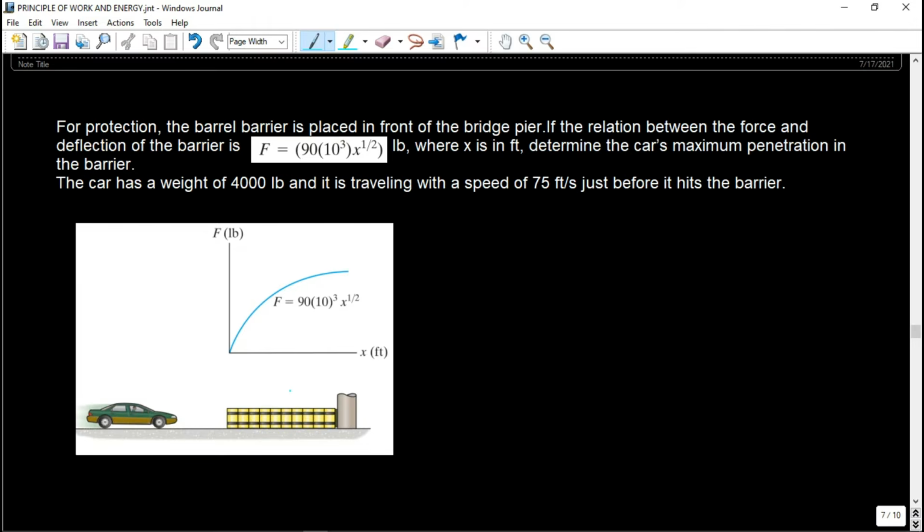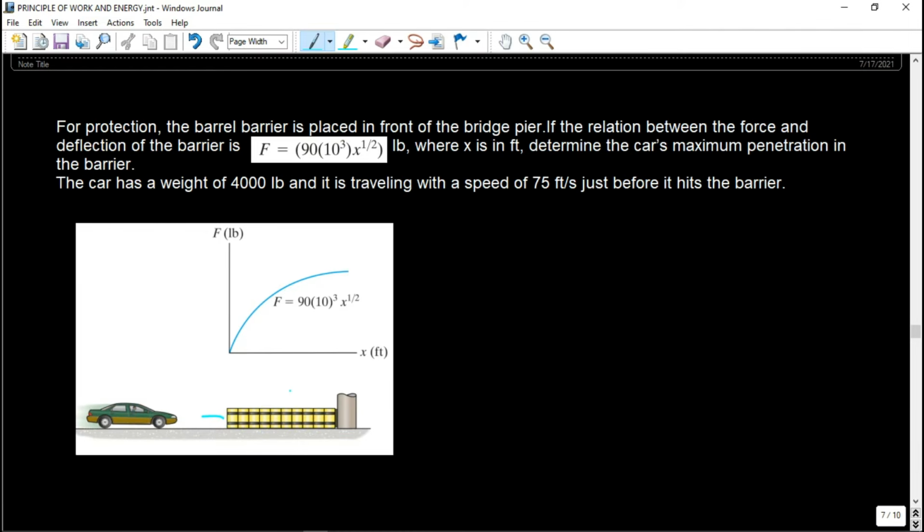The car will actually penetrate the barrier. Okay, so the barrier will actually be compressed at a certain distance. So, babangga siya dito sa barrier. This car will hit this barrier here. Then, pag na-hit niya yan, of course, magde-deform yung barrier. So, what is that maximum penetration in the barrier?